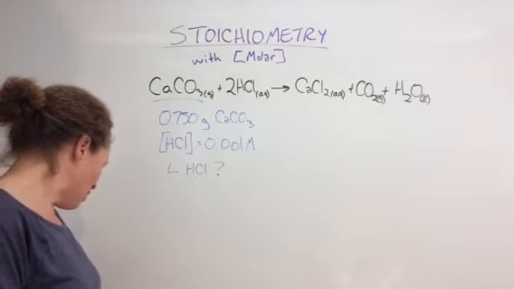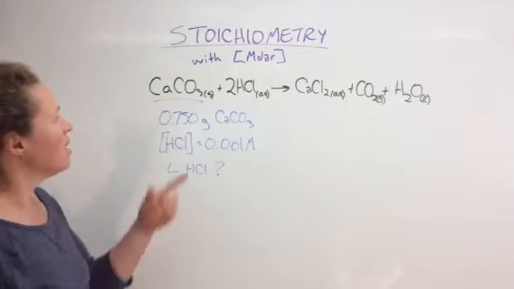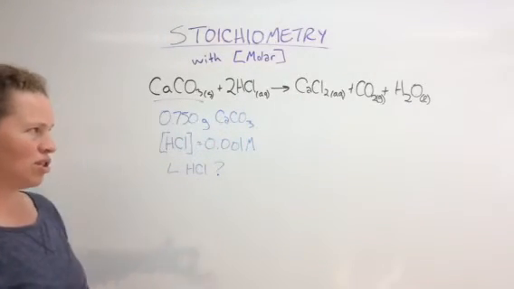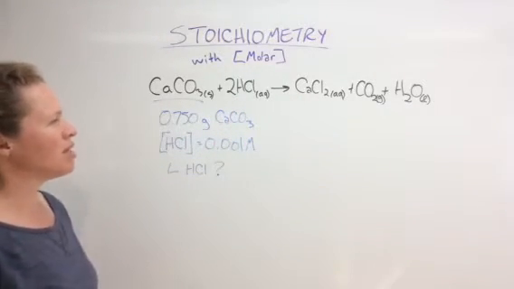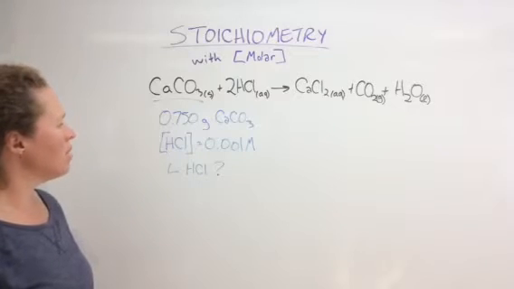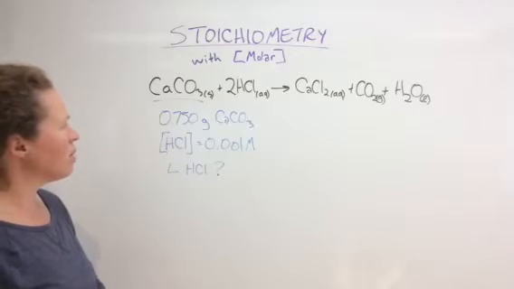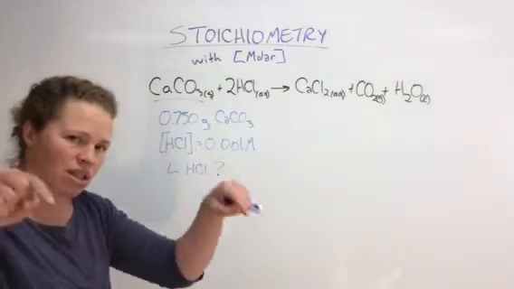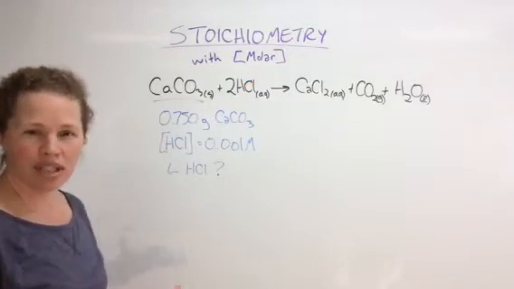So this one, they give us a really nice equation because this is 1 to 2 to 1 to 1 to 1, so our molar conversion is going to be pretty simple. The numbers are basic there. But what they've done is bring in molar concentration. So molar concentration, the little brackets, moles per liter, right?